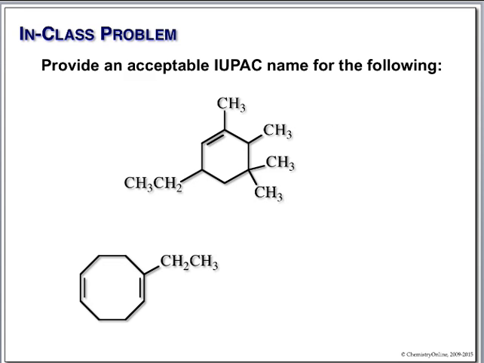Cyclohexene, right? Figure out which is going to be carbon 1 based on your number sequences. Remember, you must number through the double bond, so they must be numbers 1 and 2.